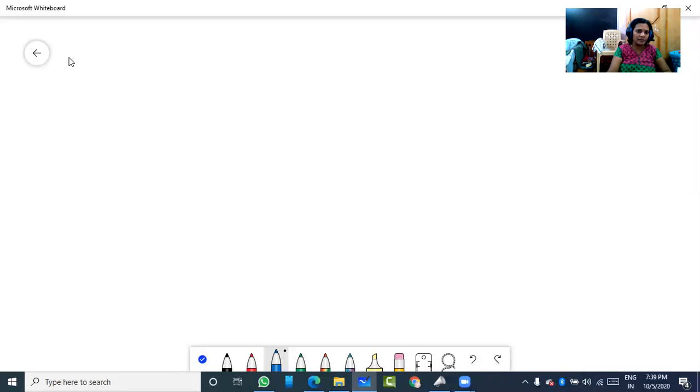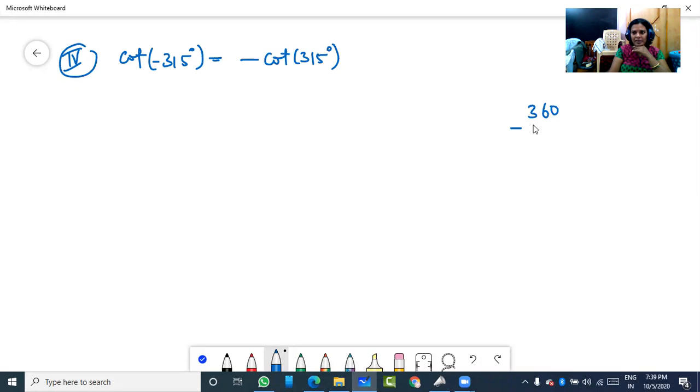Fourth one, cot of minus 315 degrees. Cot of minus theta is minus cot theta. So cot 315 degrees. 315 degrees subtracted from 360 degrees is equal to 45 degrees.